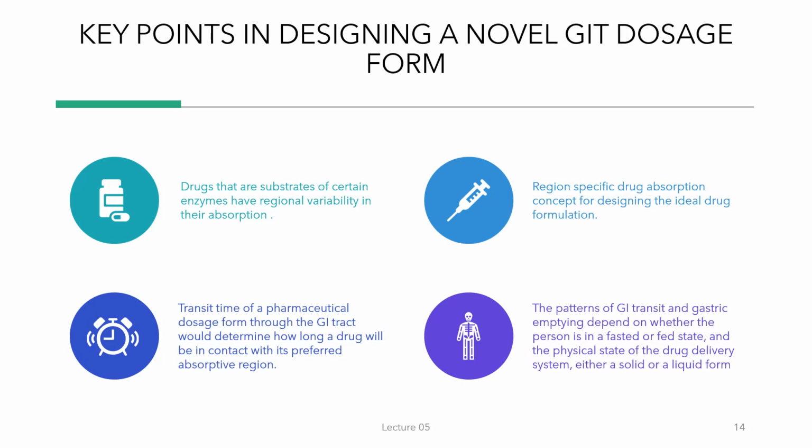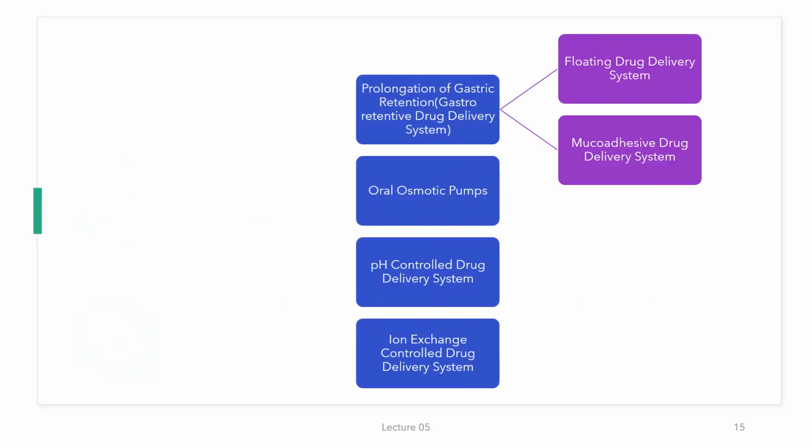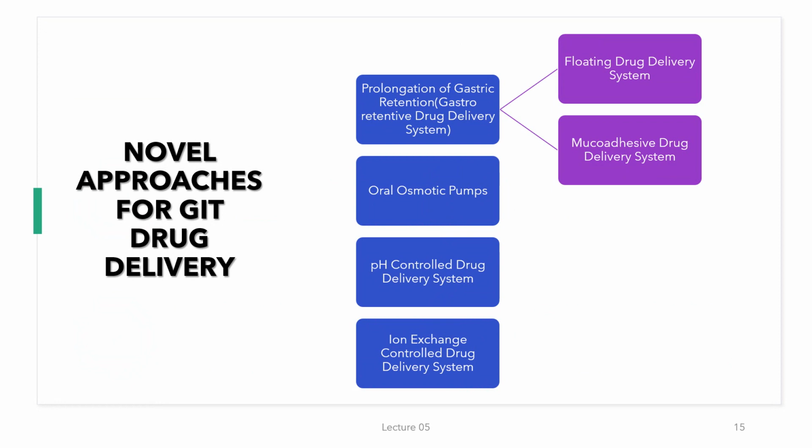The pattern of GI transit and gastric emptying depends on whether the person is in a fasted or fed state, and on the physical state of the drug delivery system, either a solid dosage form or a liquid dosage form. There are certain novel approaches for gastrointestinal drug delivery, and we will be studying all of them.